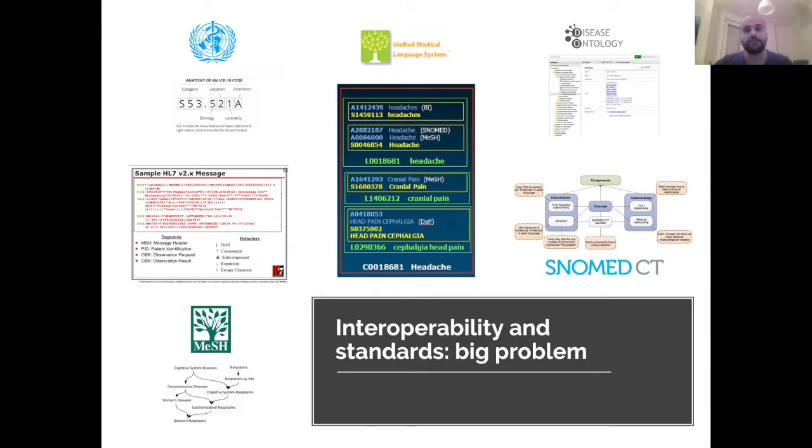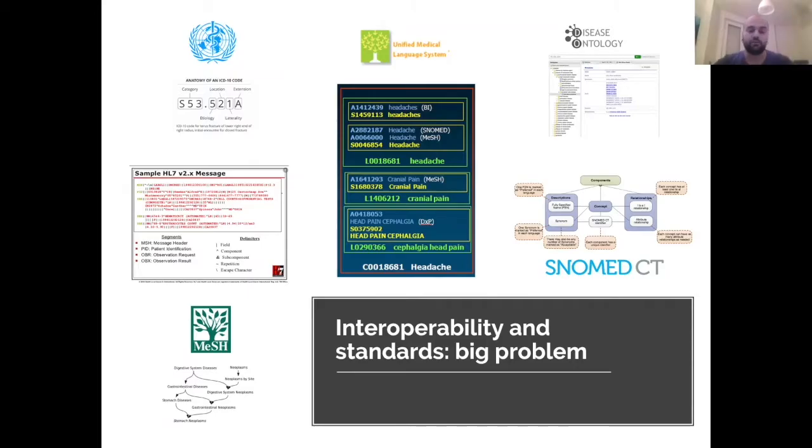Just to finish, I would like to mention another important problem that we have: interoperability issues and standardization. Here I show just a few examples of the different vocabularies, metathesauri or taxonomies that we are using in the health sector. For example, ICD from the World Health Organization, UMLS, disease ontology, MeSH, which is used more specifically for literature and librarians, and SNOMED-CT, which is also part of the UMLS and allows us to create complex concepts.